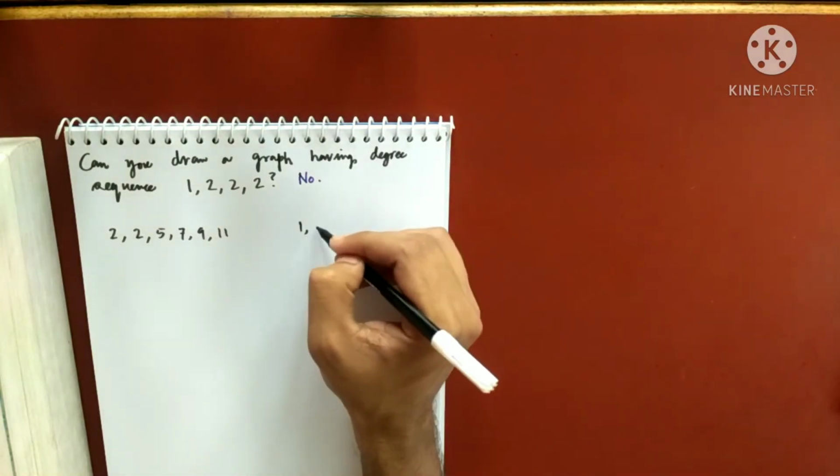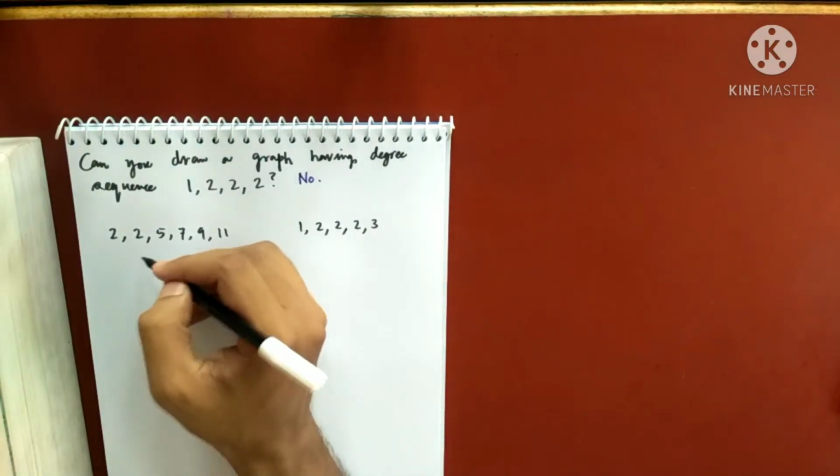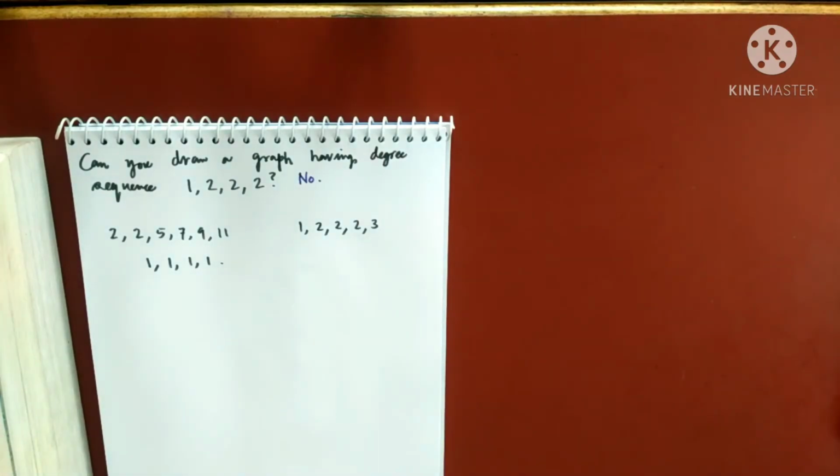I may give you 1, 2, 2, 2, 3. I may give you 1, 1, 1, 1.